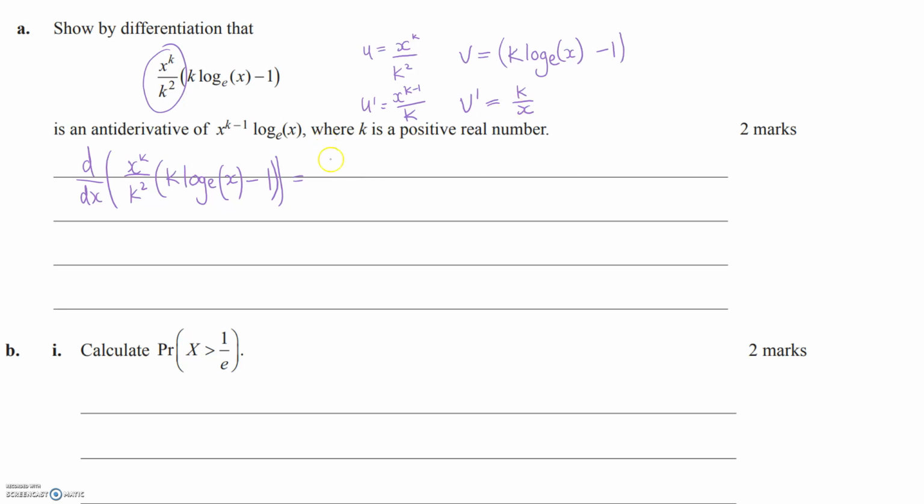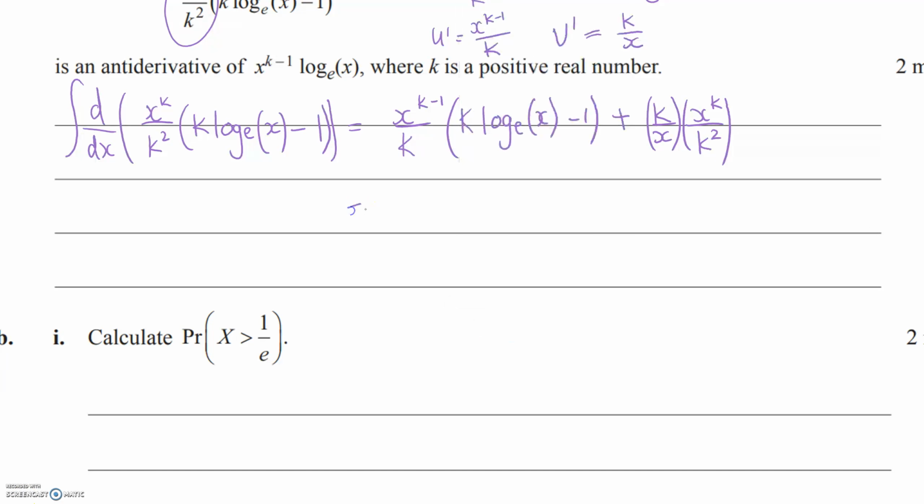So u dash v, well, this is going to be x to the power of k take 1 over k, multiplied by k log e x take 1, plus v dash u, which is just going to be k on x multiplied by x to the power of k over k squared.